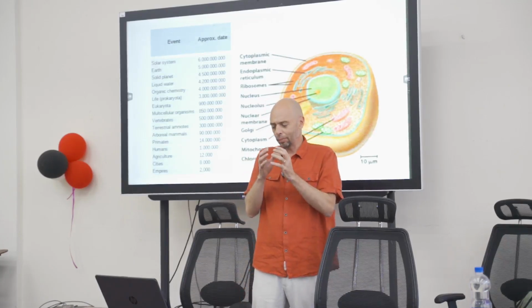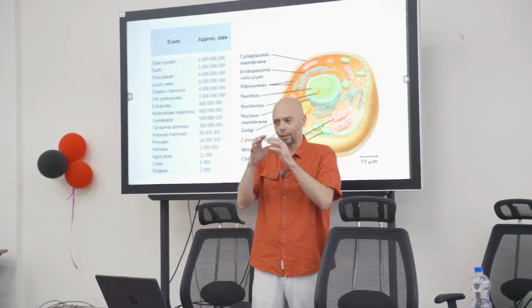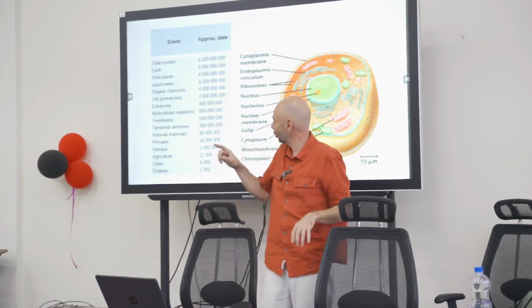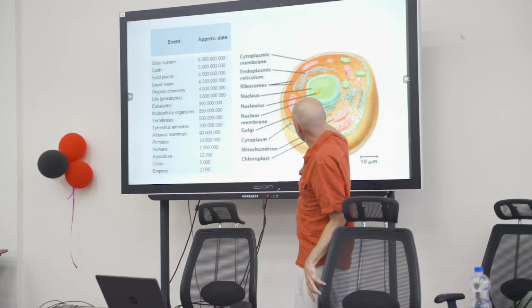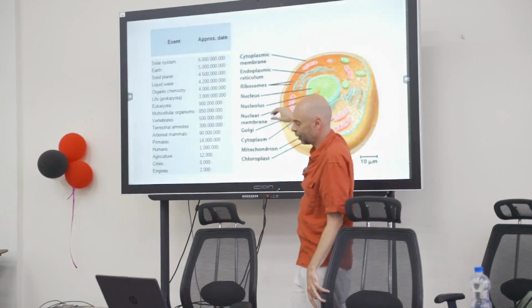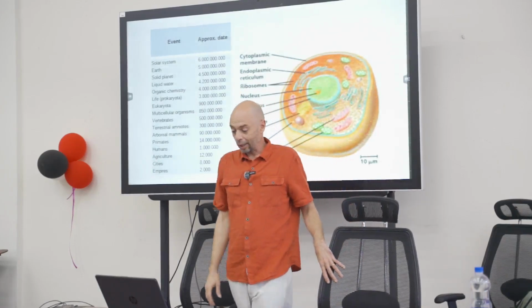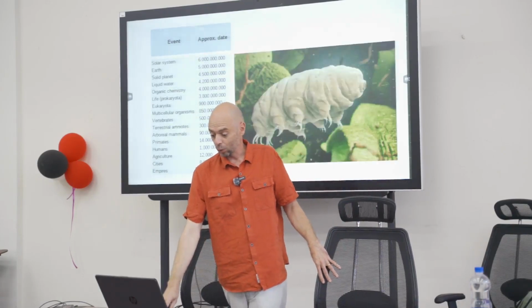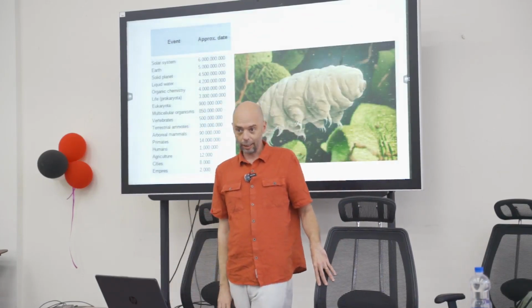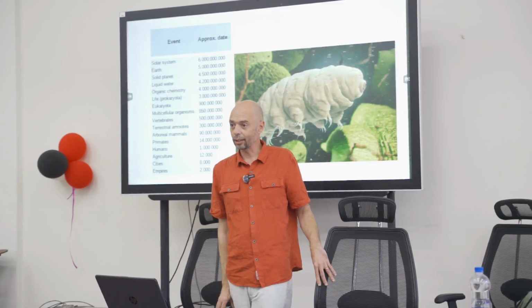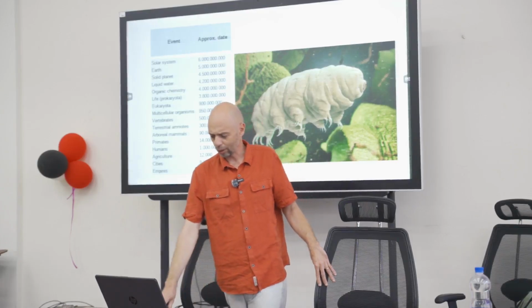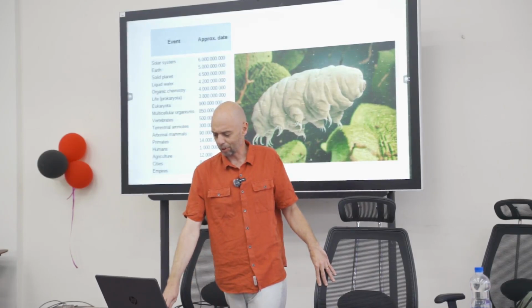Eukaryota are a bit more complex. They have a membrane, but they also have some organelles in the external part of the cell. And when eukaryota arrived, immediately multicellular organisms started to form. This is a tardigrade, one of the first multicellular living beings.